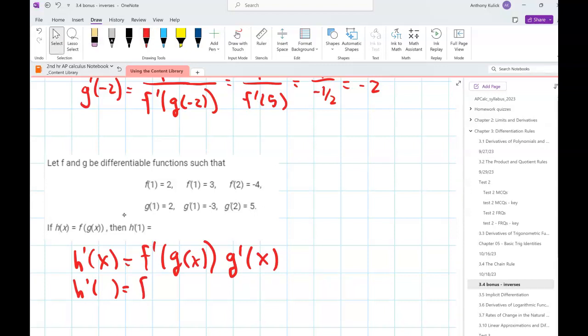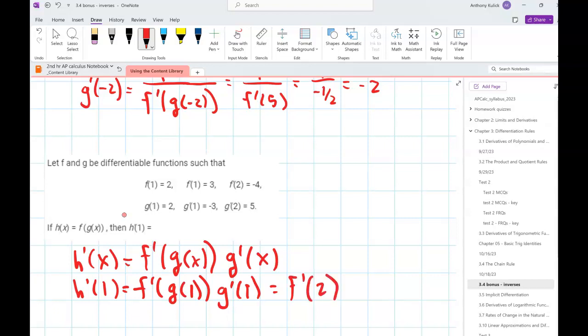So if we wanted to do h prime of 1, we'd say that, right? And what is g of 1? 2. And what's g prime of 1? Negative 3. And then what is f prime of 2?